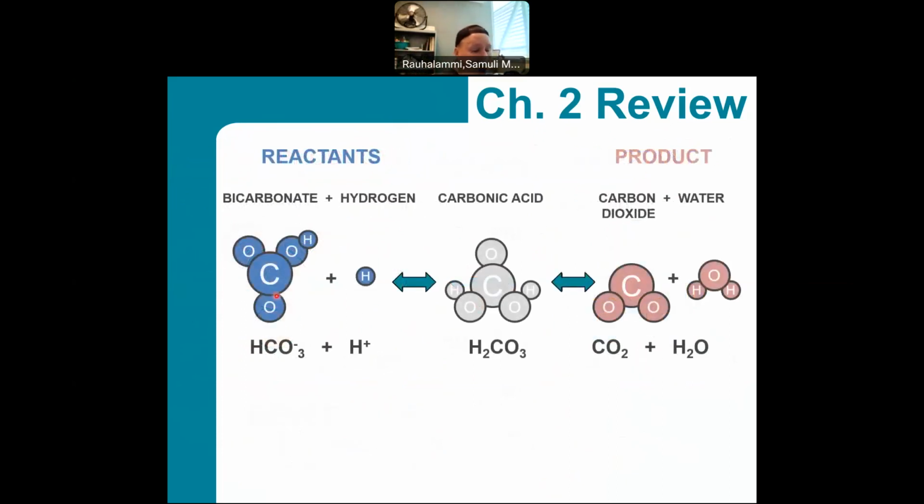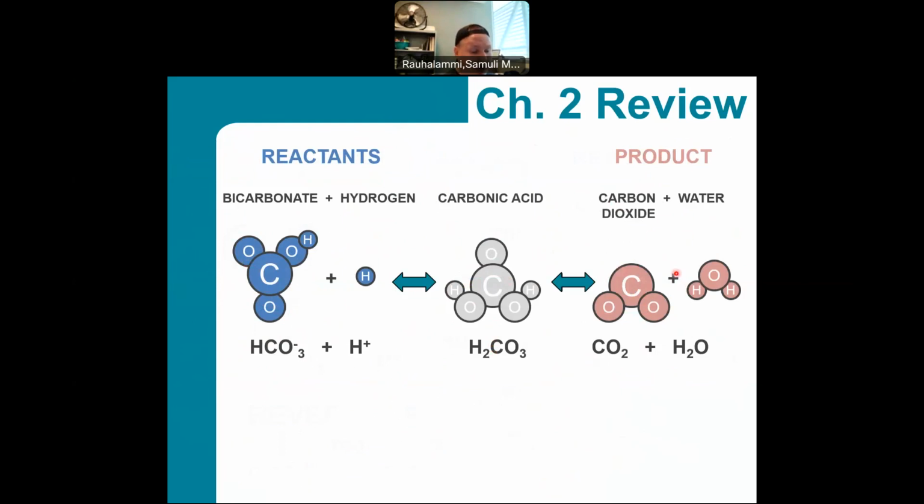We can have much more complex reactions. We can have reactions where we have multiple steps on our path to somewhere else. So bicarbonate and hydrogen, in order for them to become carbon dioxide and water, have to go through an intermediate step of becoming carbonic acid, which can then become carbon dioxide and water.